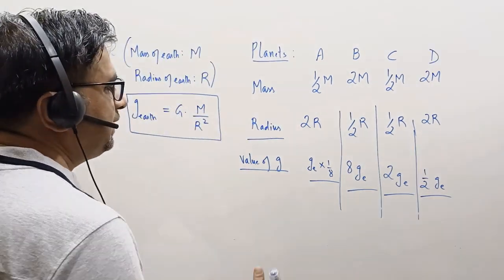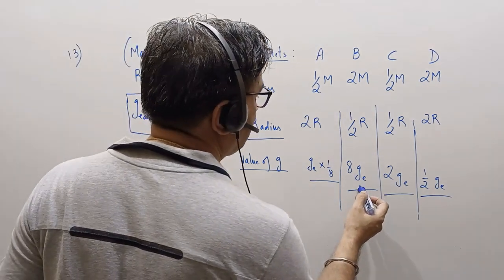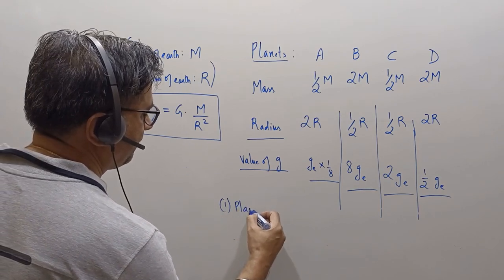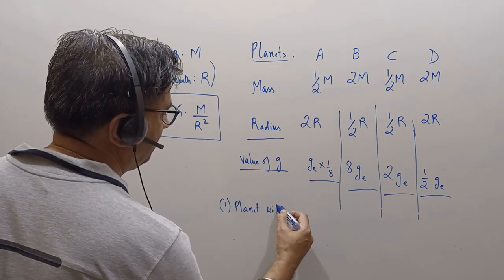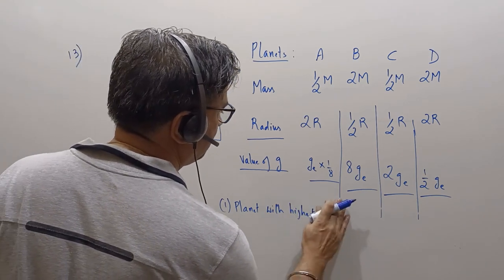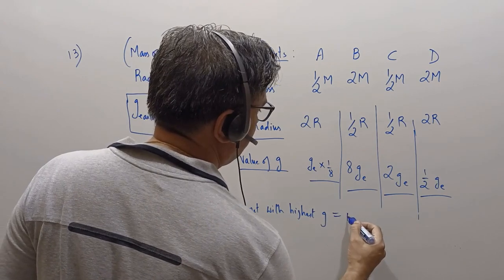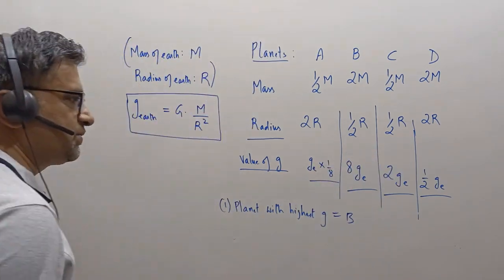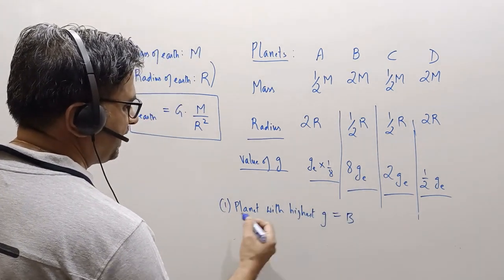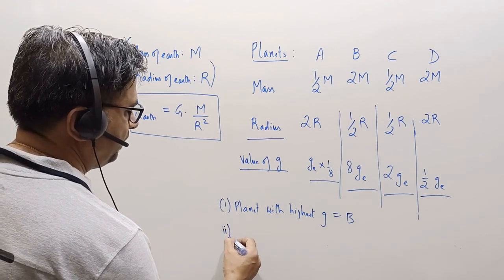As you can see, this is 8 times g. So the planet with the highest g is B. As you can see, it's 8 times a quantity. So this is planet B.